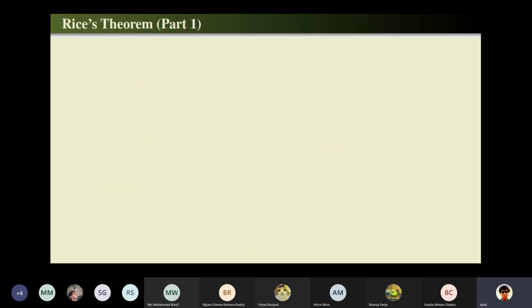Okay, so what I will now prove is the celebrated Rice's theorem. First part 1, which talks about non-trivial properties.